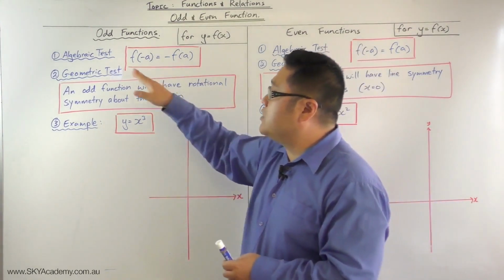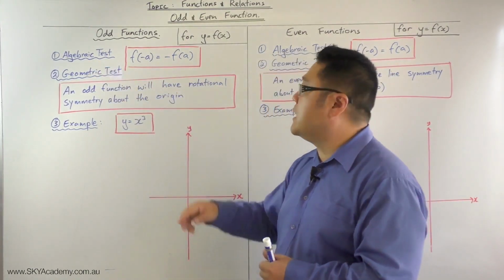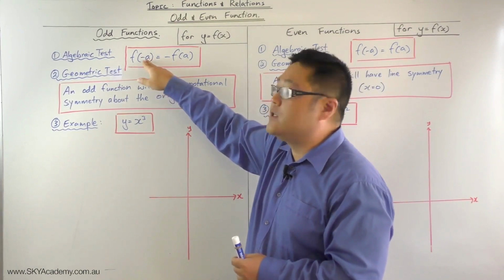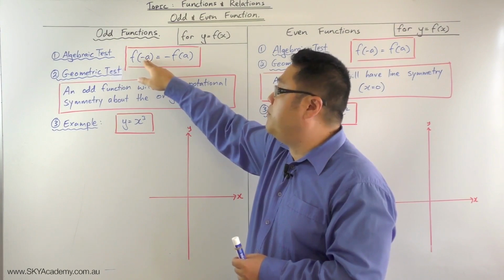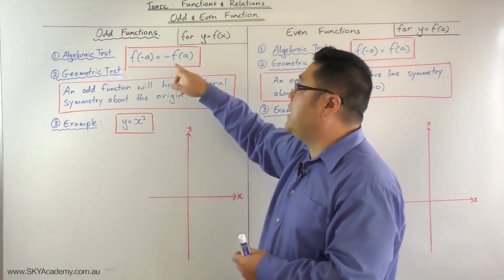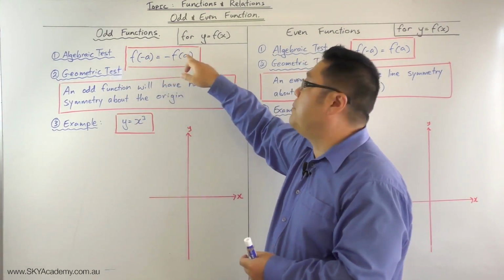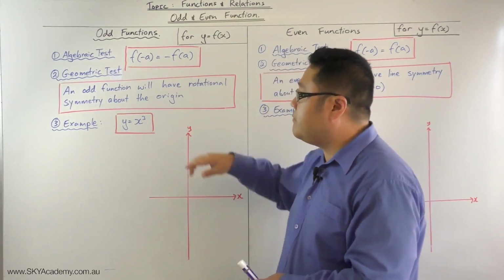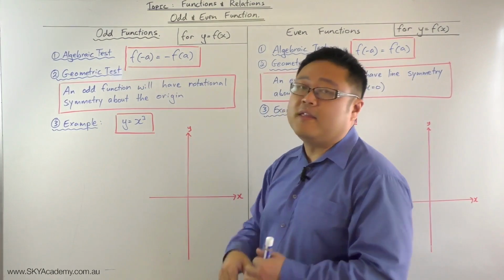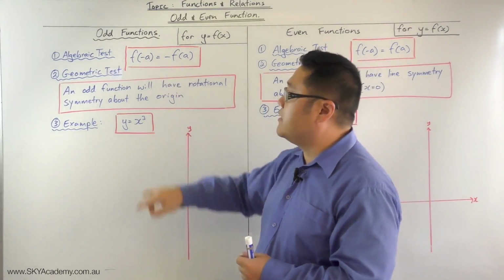So algebraically speaking, if you substitute in negative a as the first term, that will give you a result that's equal to the negative of f of a. So basically, that's the algebraic test.